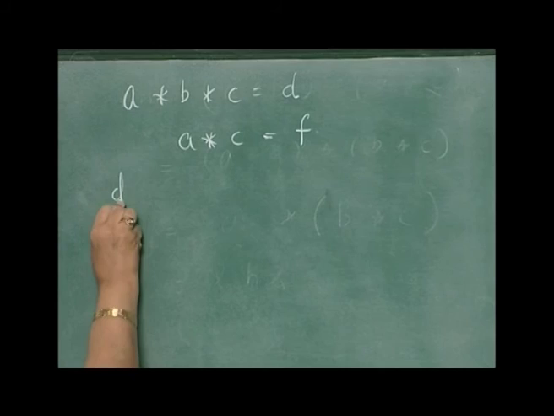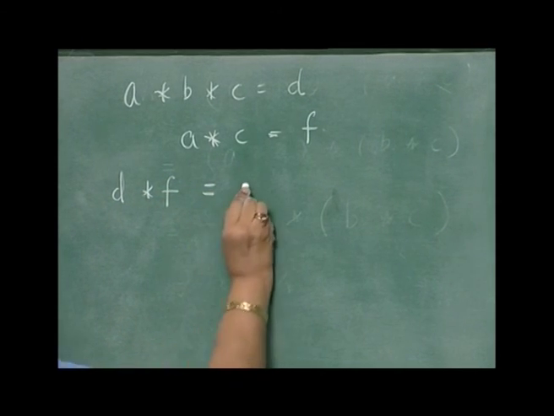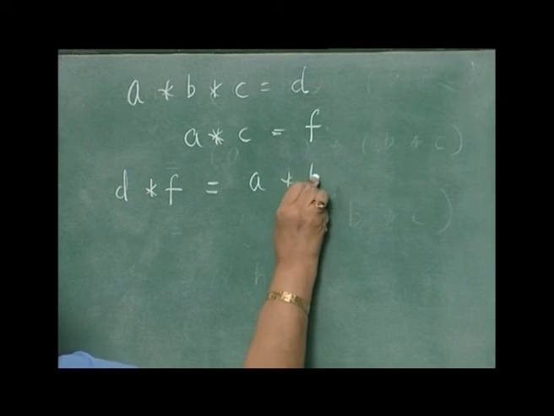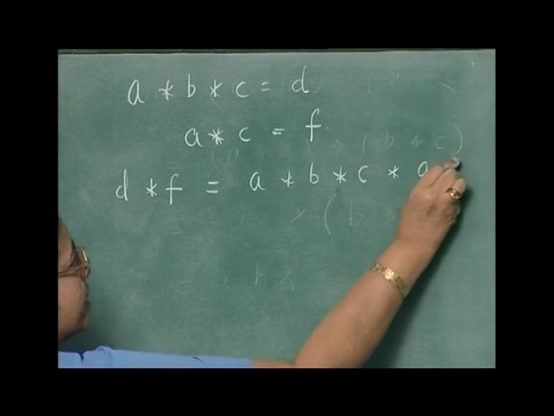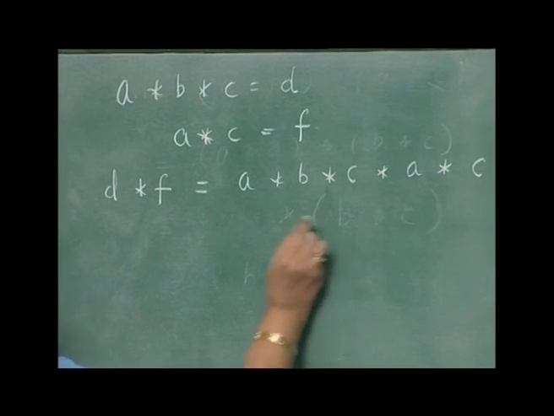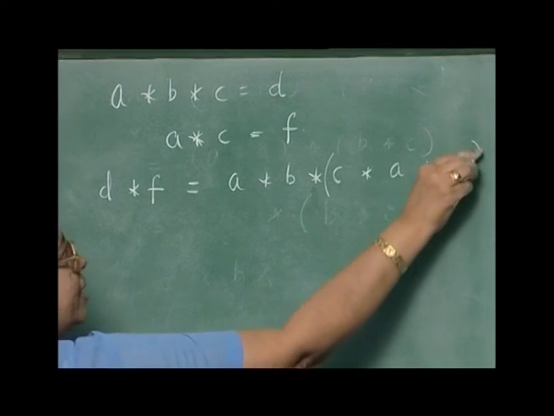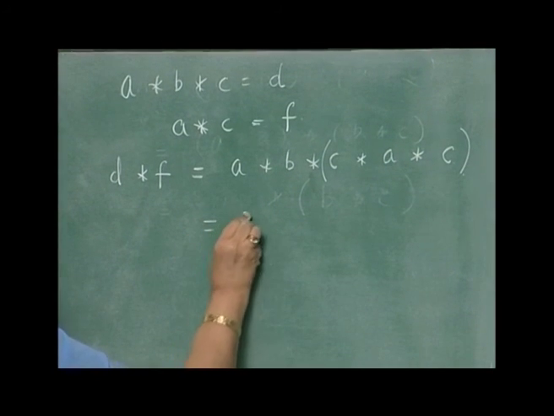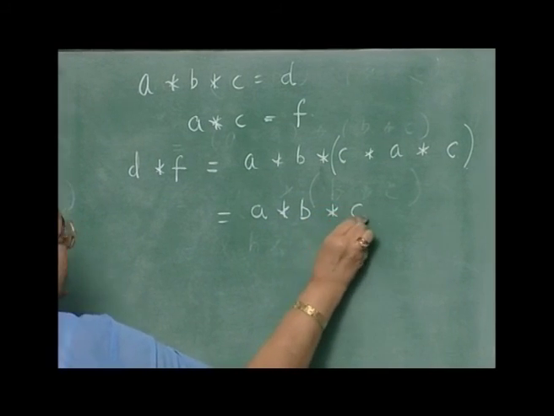Then D star F is equal to A star B star C star A star C. Because of associativity, we need not put parenthesis, but you know that C star A star C by the previous part, second part, this will be equal to C.